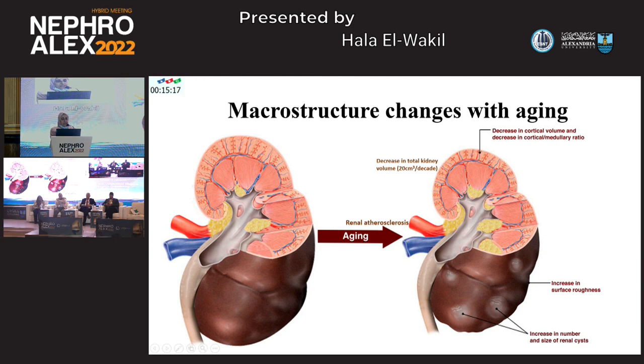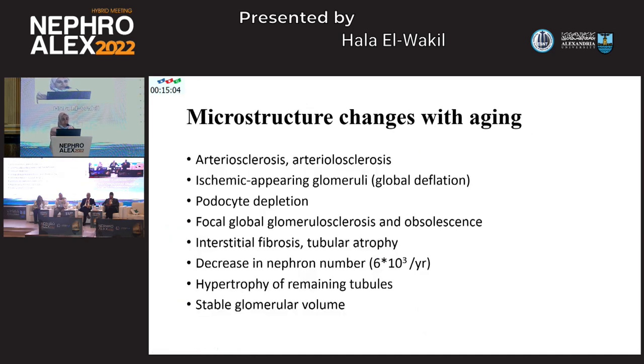There is a decrease in the cortical volume and in the corticomedullary ratio, and an increase in the sinus fat, the surface roughness, and the number and size of renal cysts.